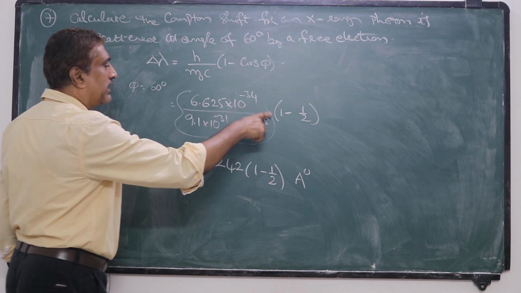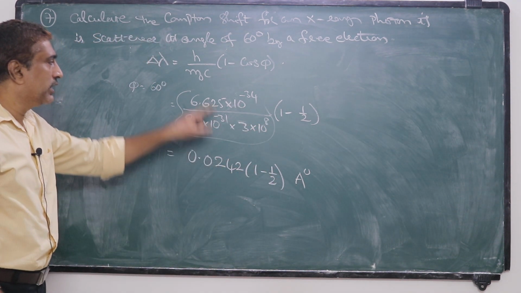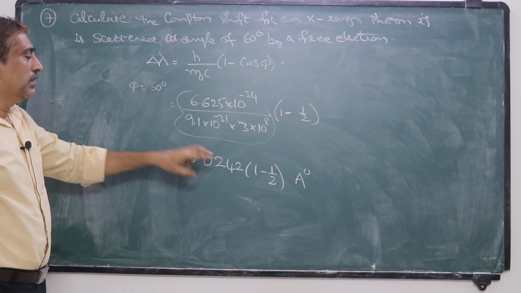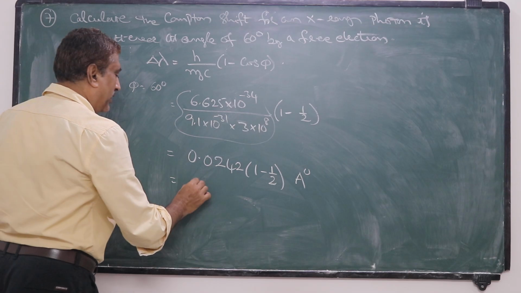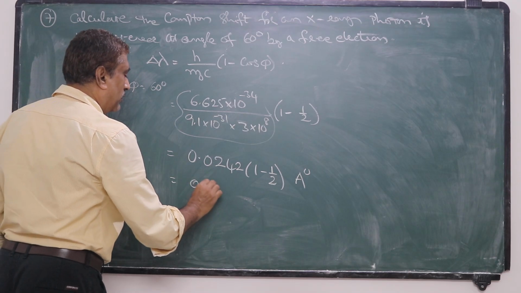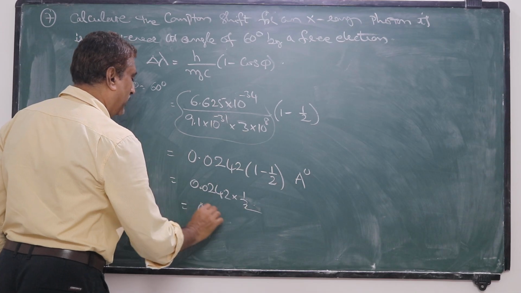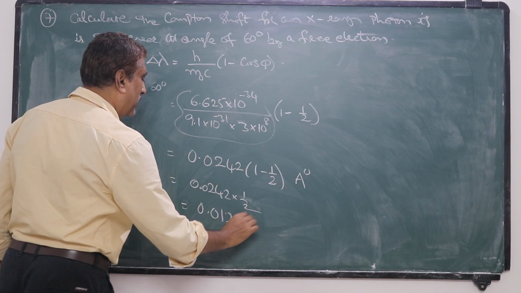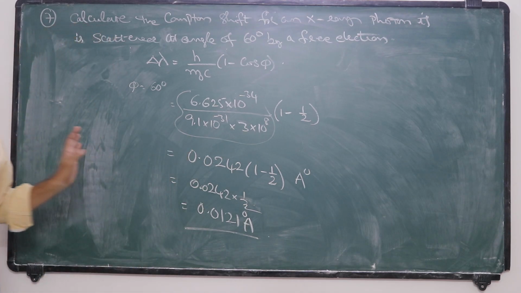This is calculated in Armstrong. So this is 0.0242 into 1 by 2, that is 0.0121 Armstrong. A simple one.